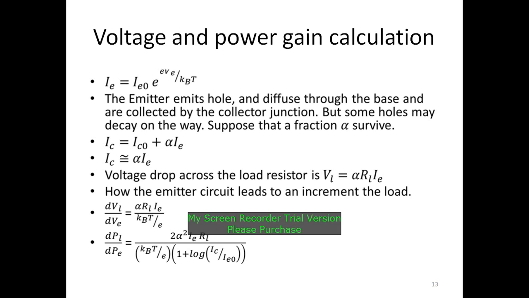The emitter emits holes that diffuse through the base, and they are collected by the collector junction. But it is not always true that all holes emitted by the emitter circuit are collected by the collector. There are some holes that may decay on the way. Suppose the fraction phi represents the number of holes that decayed.